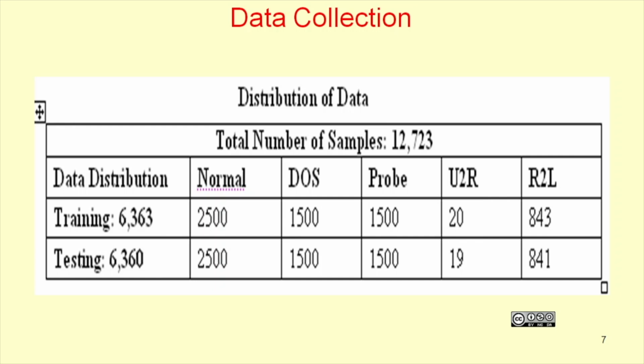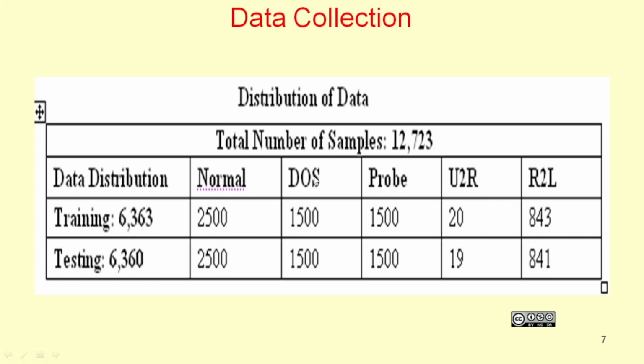Totally, how many samples have been taken from that MB-sized data? 12,723 records, and these records have been distributed over the various classes: normal 5000, denial of service 3000, probe 3000, U2R 39, and R2L 1084.